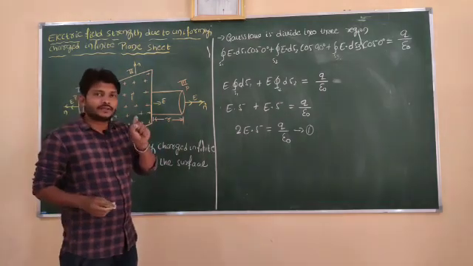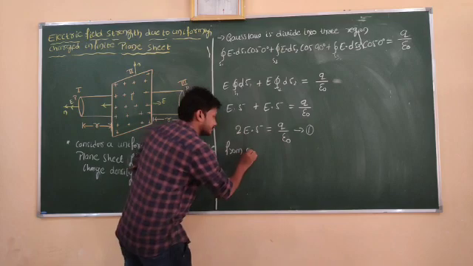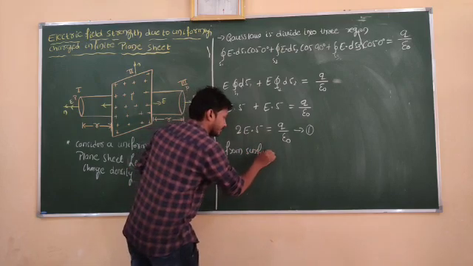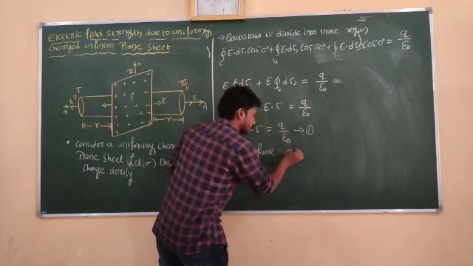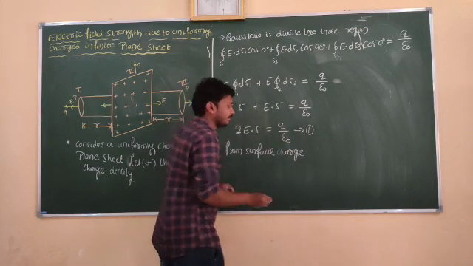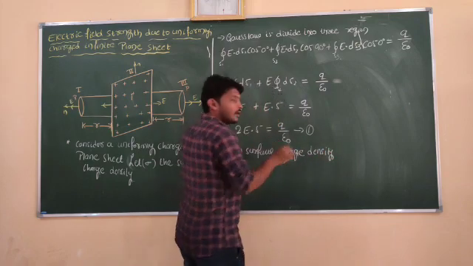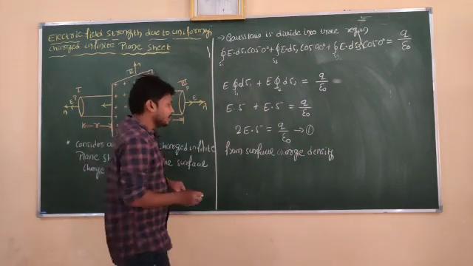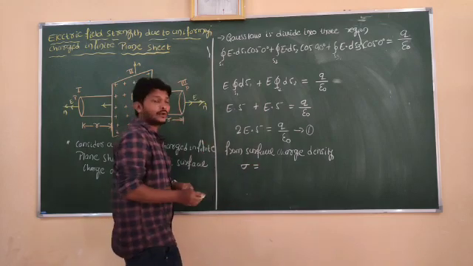So from the surface charge density, what is the equation for surface charge density? Sigma is equal to what?